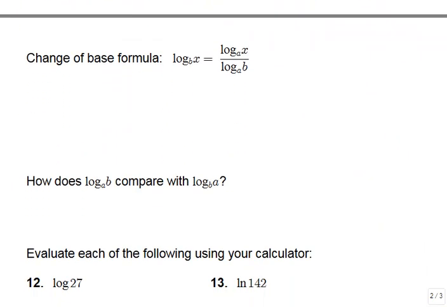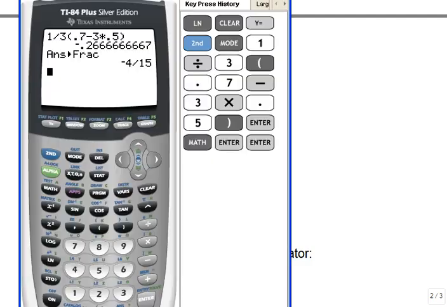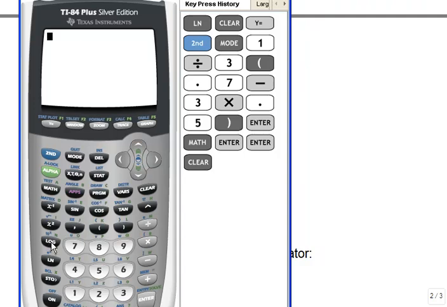Alright, the last thing that we're going to talk about is this change of base formula. If you recall in your calculator, there's only 2 types of logs that you're allowed to do on your calculator. log, which stands for a common log, which is log base 10, and ln, which stands for natural log, which is log base e.